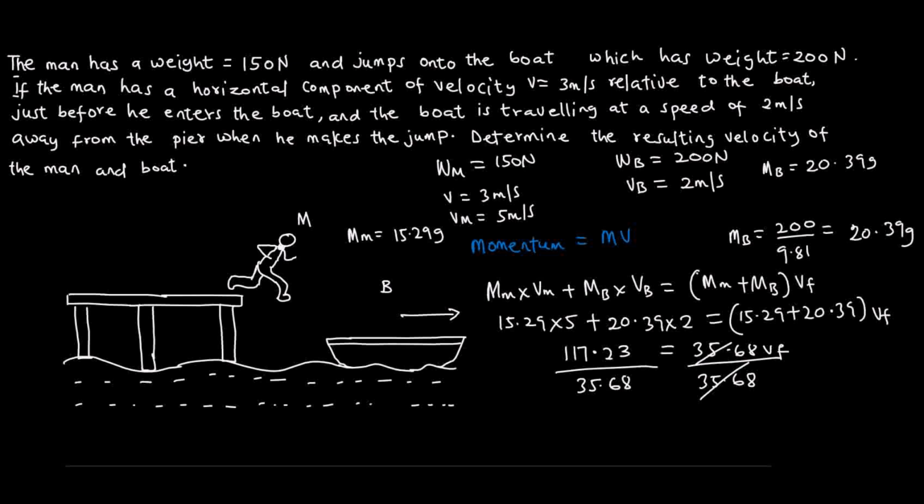So then I'll have 117.23 divided by 35.68. So that'll give me the final velocity for the boat and the man to be equal to 3.28559. I'll write that as Vf equals 3.29 meters per second. So this will be the final velocity of the man and the boat.